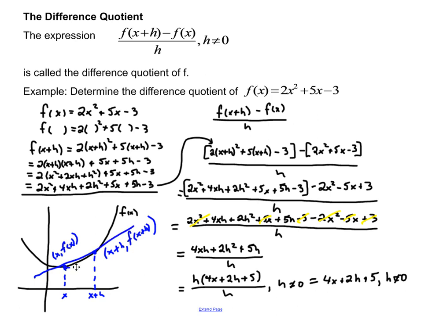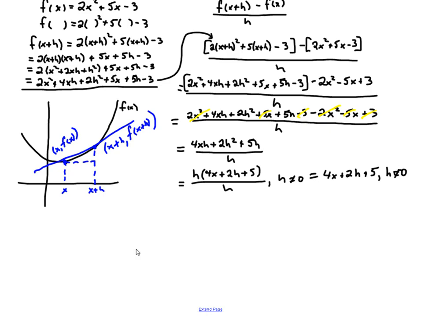The slope is found as the change in y values over the change in x values, and if we were to actually work out what this looks like, f of x plus h, the y value at the point x plus h, minus f of x is our change in y values. Our change in x values is the quantity x plus h minus x, and if we actually work that through, lo and behold, we have what's called the difference quotient.